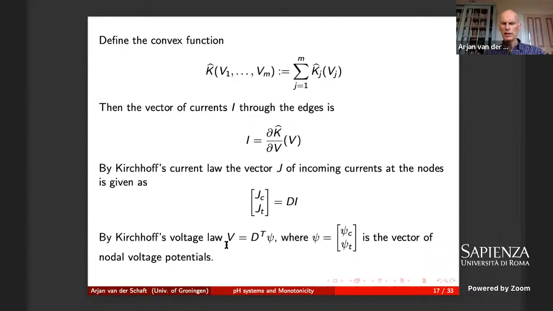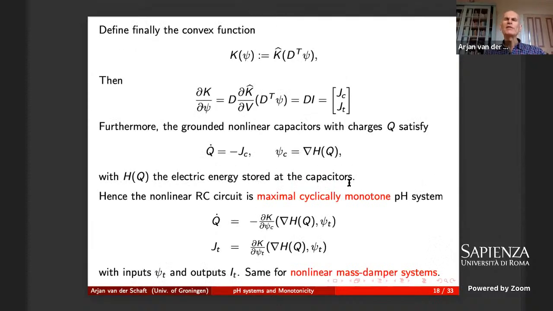Furthermore, we know that the voltages across the edges are given like this, where psi is the vector of the nodal voltage potentials, split correspondingly to the capacitor and the terminal nodes. And then finally we get our function k, which is just defined like this.